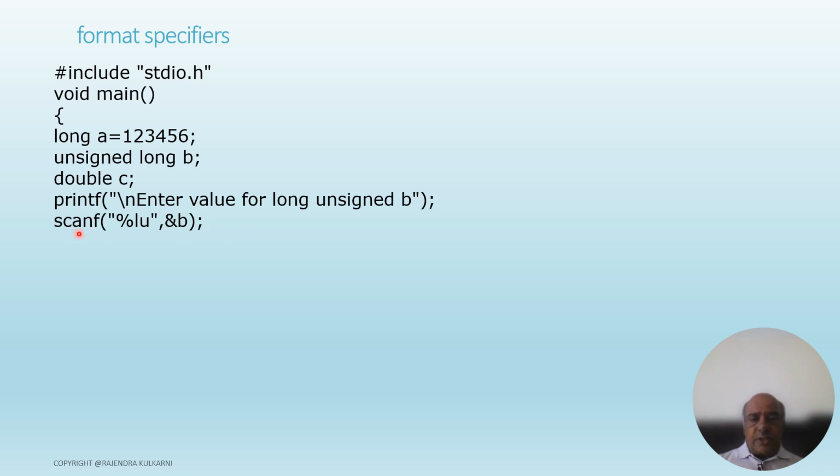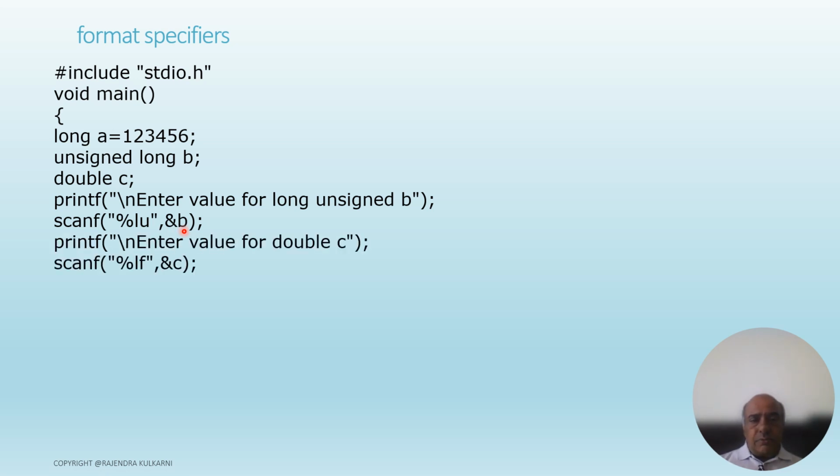So we are using the scanf function and the format specifier for long unsigned int is %lu, where l is small case, and that value we are assigning to B by writing &B.